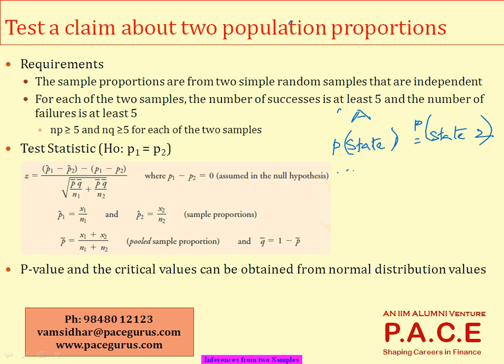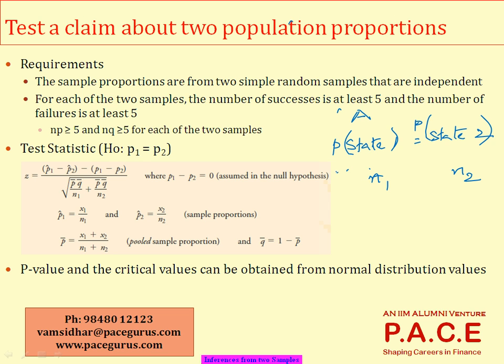Right? Now I have to take the samples. Because there are two different populations, I have to take two different samples. So there is a possibility that I may take the same sample size, or depending on the size of the state, I may go with different sample sizes. So N1 from the first sample and N2 from the second population.